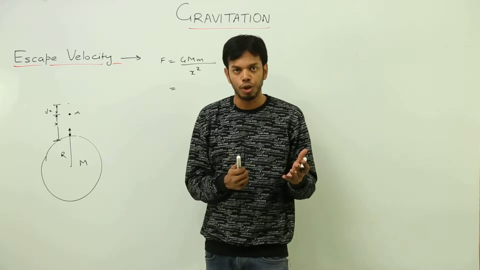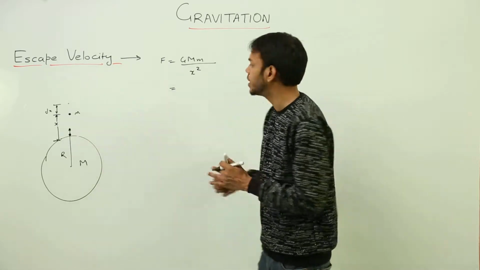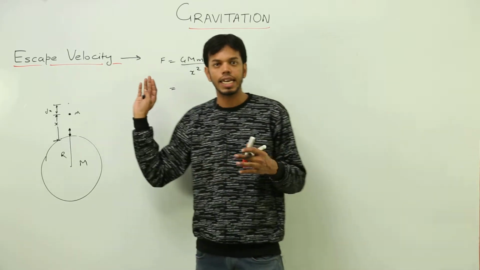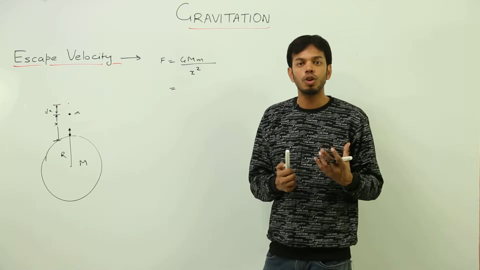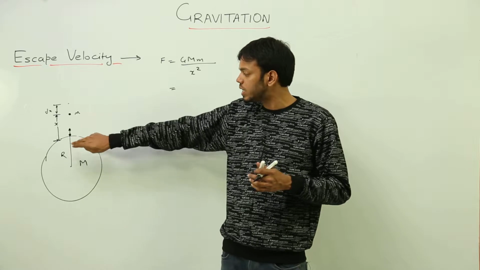This is where we project the body; we don't project it from the center of Earth. Also, when the body has gone beyond the gravitational pull of the planet, that distance is very large compared to the radius of Earth, so the radius is negligible.